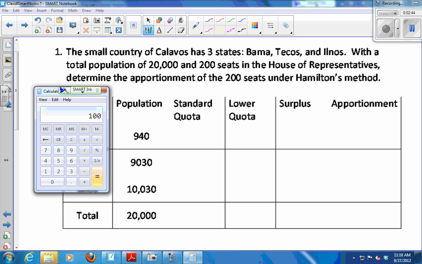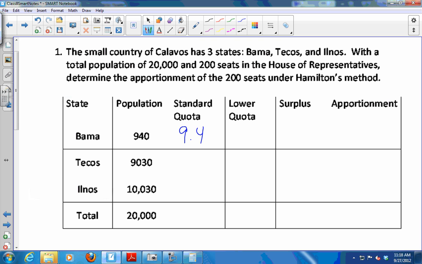So then you have to figure out how many sets of 100 people are in each state. So you do each population divided by 100. If I do 940 divided by 100, we get 9.4. 9,030 divided by 100 is 90.3. 10,030 divided by 100 is 100.3.